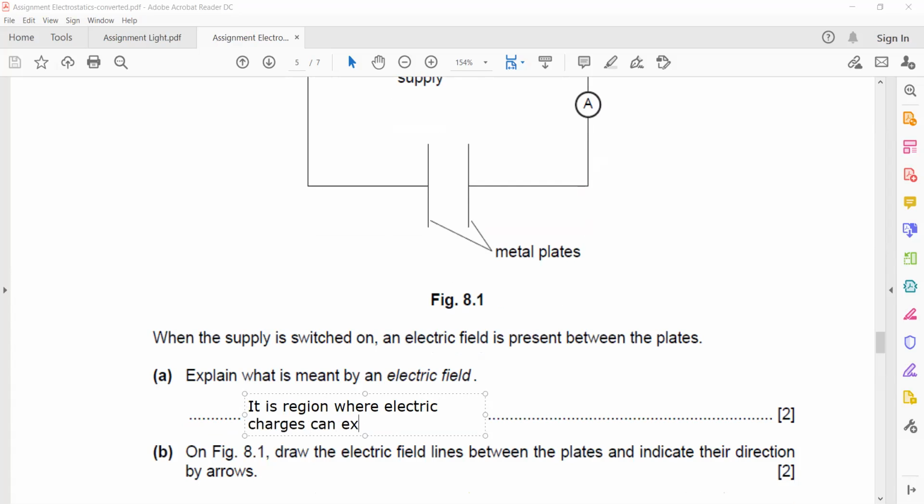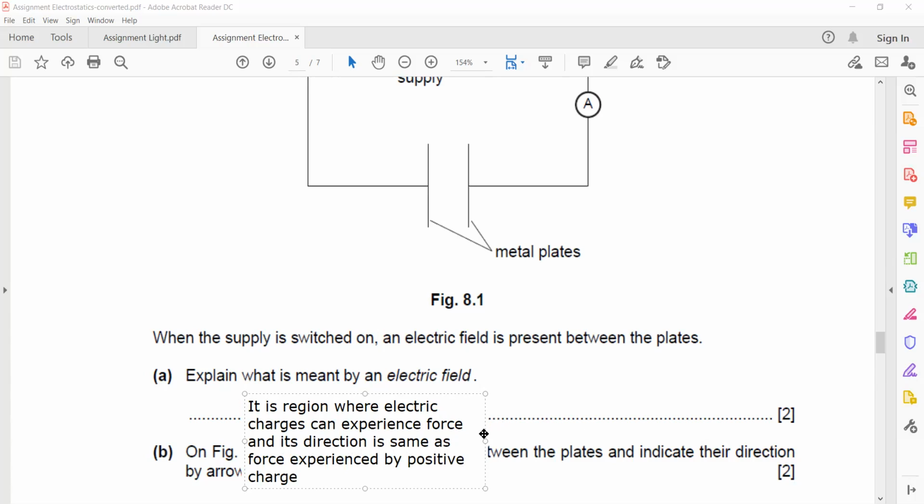and its direction is the same as the force experienced by a positive charge.